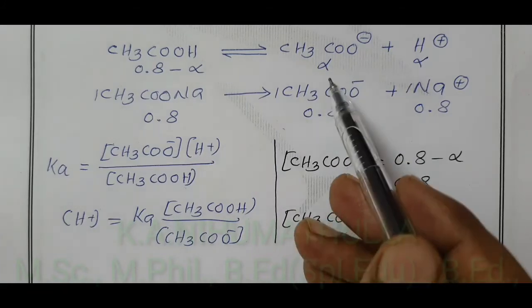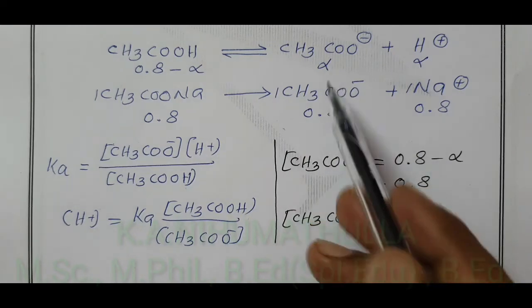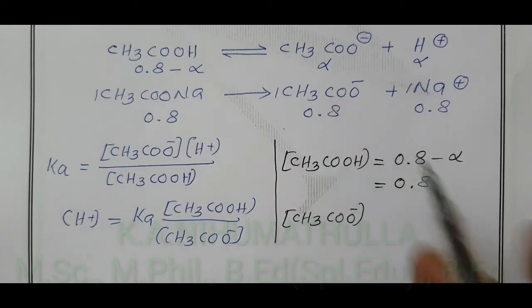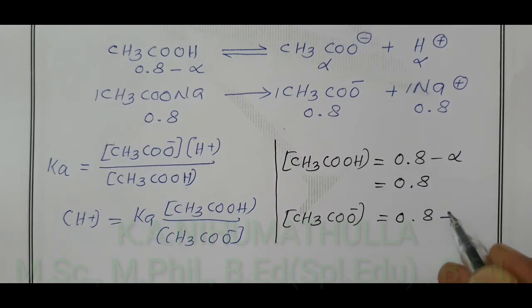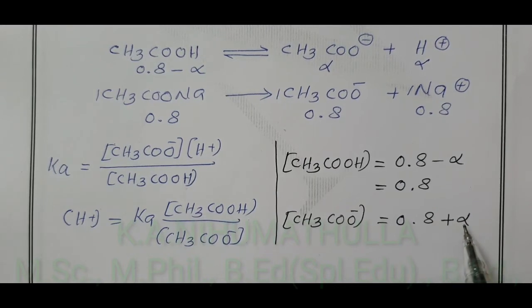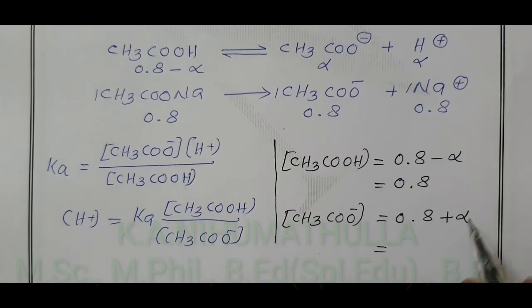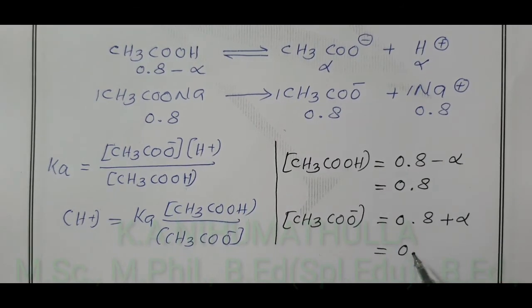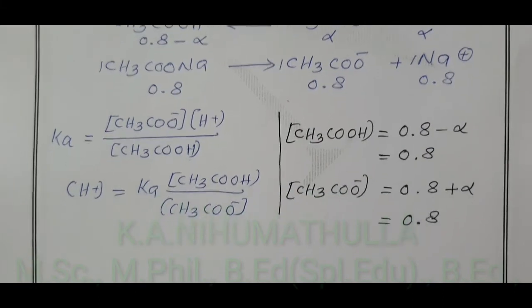If the ions are in the reactant side, we have to subtract that value. Here these two are in the product side. Therefore, we have to add 0.8 plus alpha. Just now I have told you, when alpha is compared with any number, that alpha is negligible because that is very low value. Therefore, concentration of acetate is also 0.8.